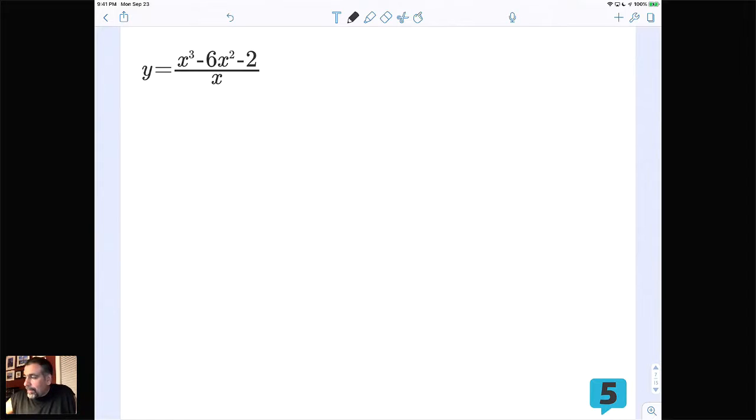So again, I want to make these look as much like our one steps as possible. We really don't have division when we're talking about our one steps. So the idea here is we want to make sure one of the most basic algebra things that we know is just hidden in the problem. Most students don't see it.